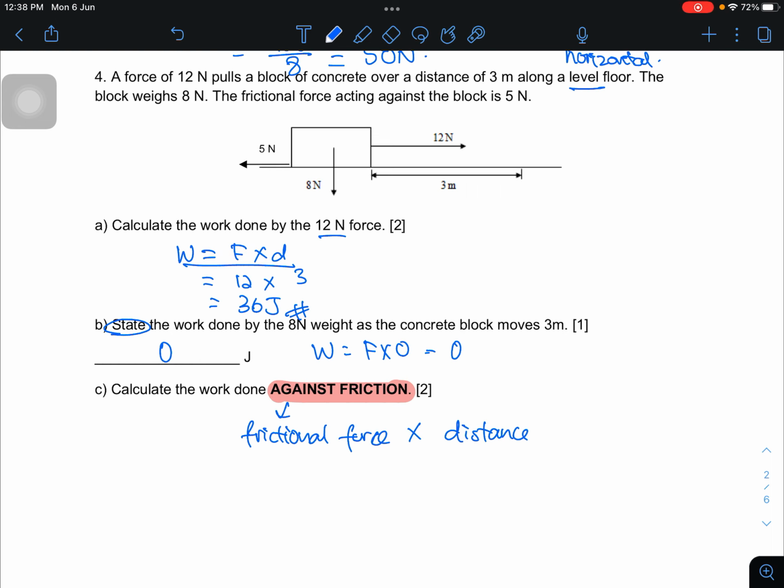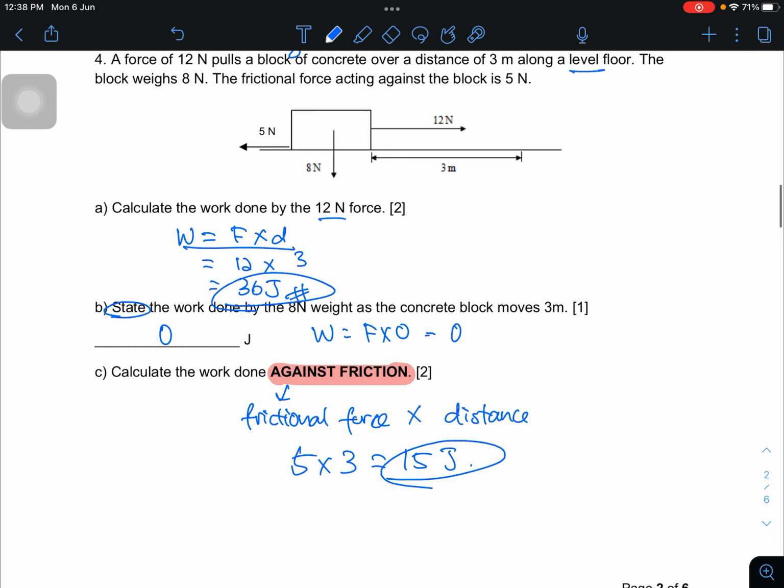So what's the frictional force? 5. It applies through the 3 meters, right? So answer is 15 Joule. So out of this 36 Joule of work that I've done, 15 Joule, slightly less than half, is used to overcome friction. Friction will produce thermal energy. So about 15 Joule is actually converted to thermal energy.